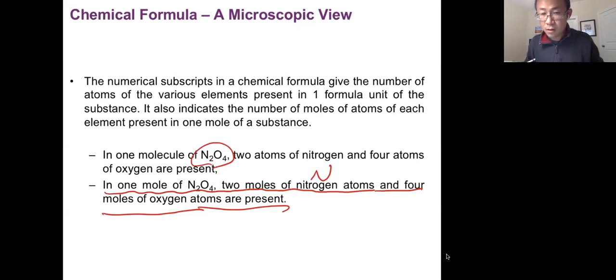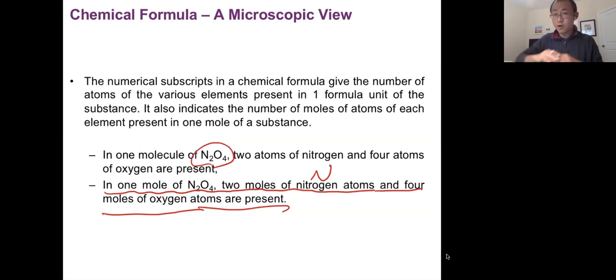Again, if one molecule has 2 nitrogen, 4 oxygen, then 1 mole of the molecule will have 2 moles of nitrogen and 4 moles of oxygen. Why? Because mole is a number. Mole is a unit of number.